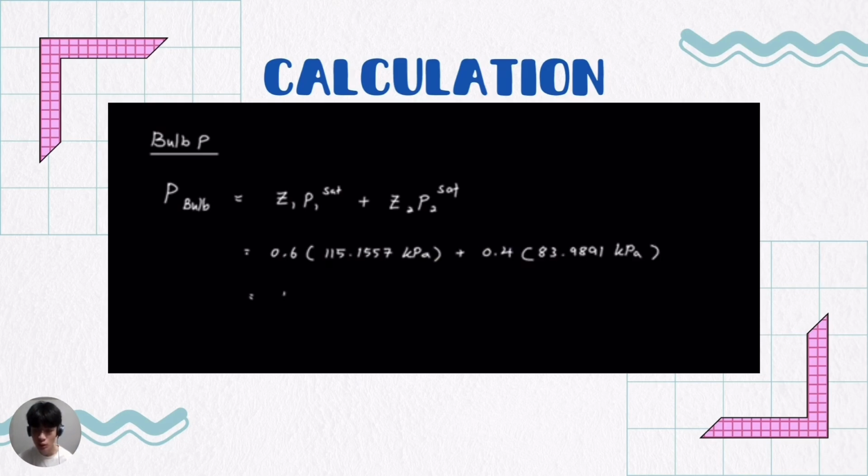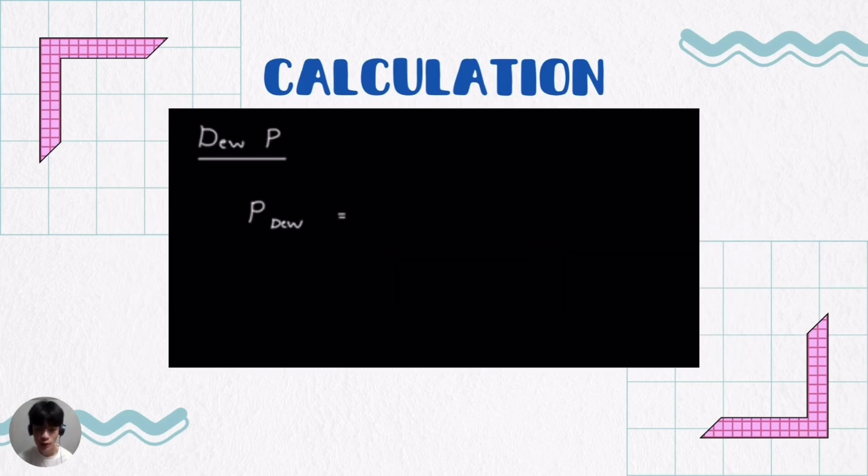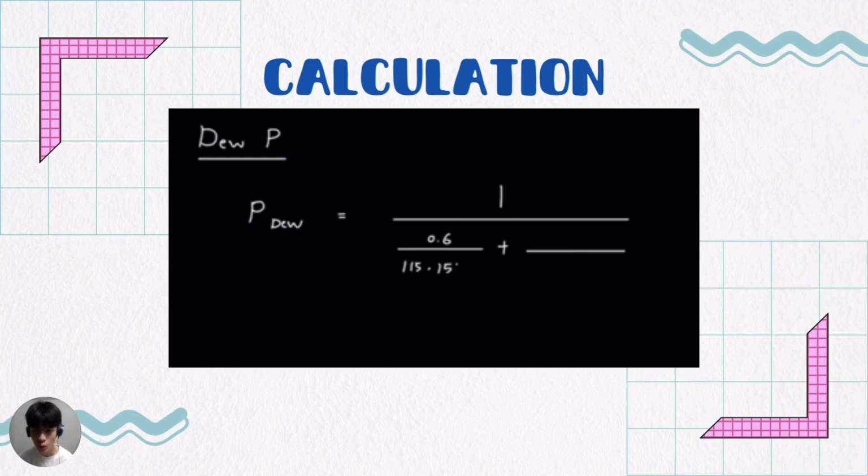By substituting all the values, we find the bubble pressure is around 102.6891 kPa. We also have to find the dew pressure, using the equation 1 over the summation of molar compositions over Pi sat, and substituting all the values, we found that the dew pressure is around 100 kPa.